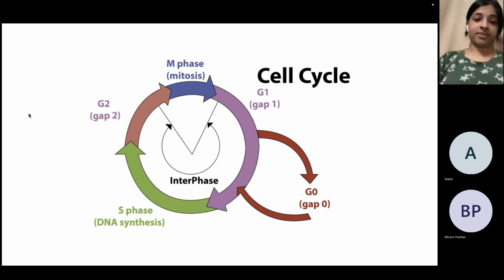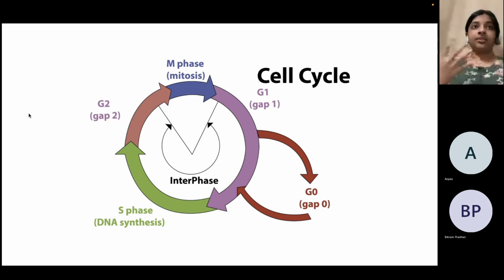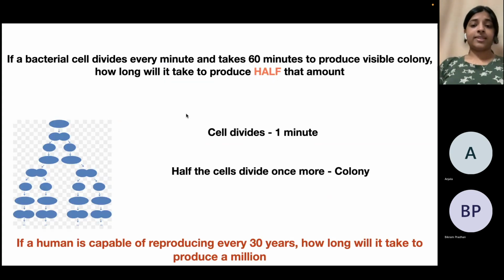It typically grows in size and synthesizes all the necessary proteins that are required for cell division. And ultimately there is the dramatic phase known as mitosis, wherein the cell divides into two and there is equal distribution of the contents into the two daughter cells. Essentially, this is the reason that bacterial cells are able to form such large colonies in such a short amount of time.